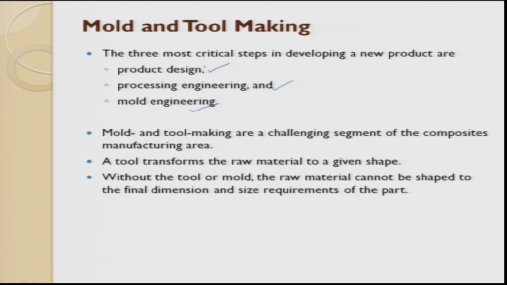Tool and die making, or mold and tool making, is a big challenge in the area of composite manufacturing. The tool transforms a raw material into a finished shape. Without a tool or a mold, the raw material cannot be shaped to the final shape and size required for the part.